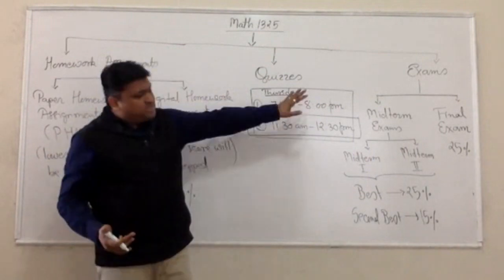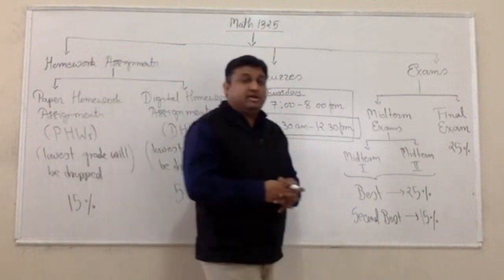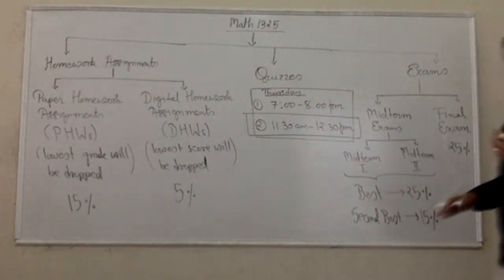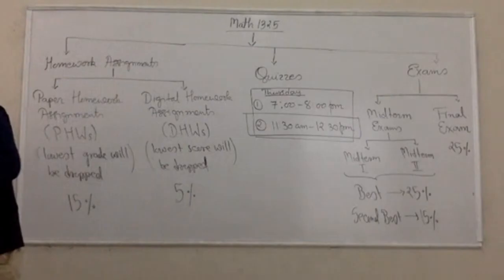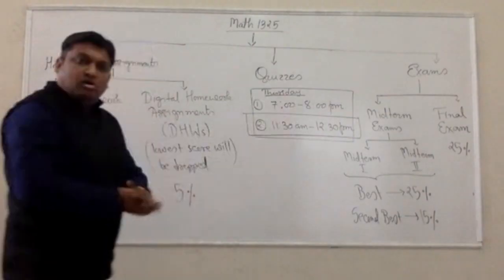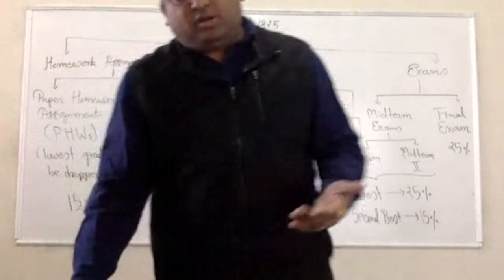As we approach close to the final exam, I'll give you more detail about it. But this is more or less the rough skeleton of all three important components of this particular course. And trust me, if you attend lectures regularly and participate in all of them, then the course will be pretty simple to clear with a very decent grade.